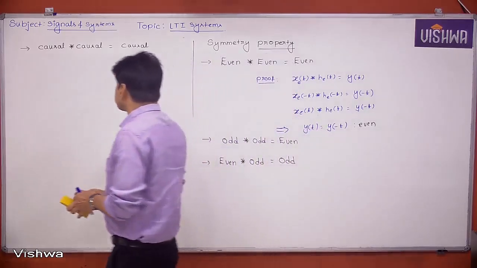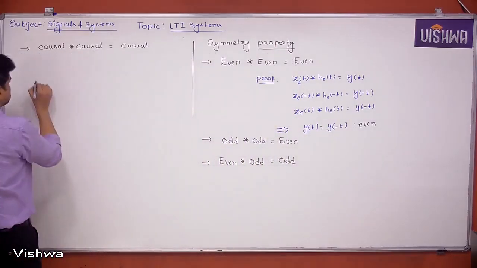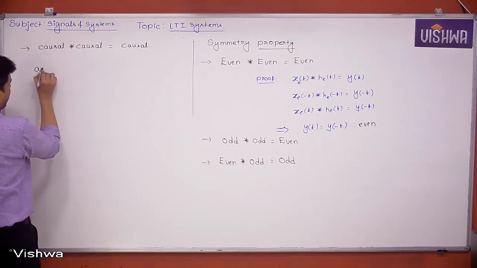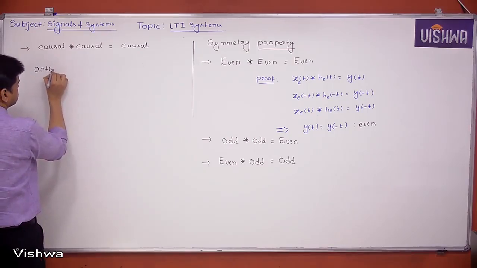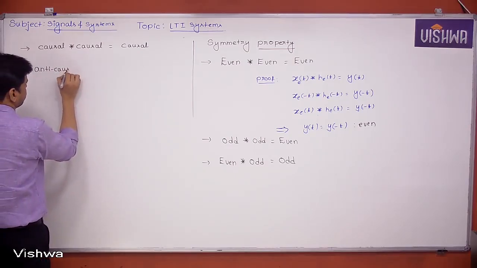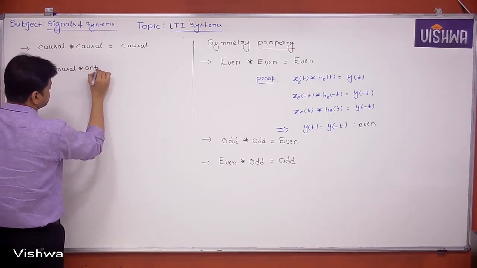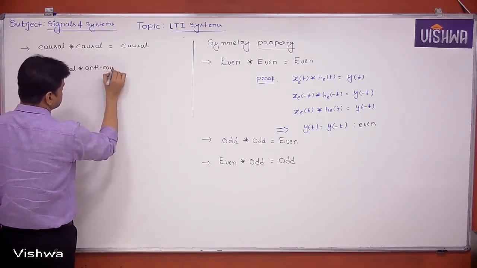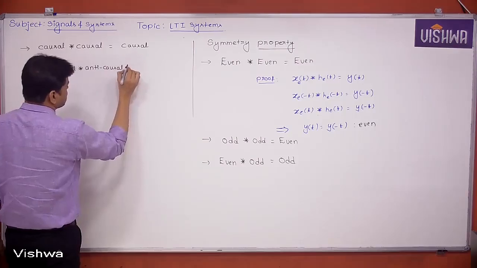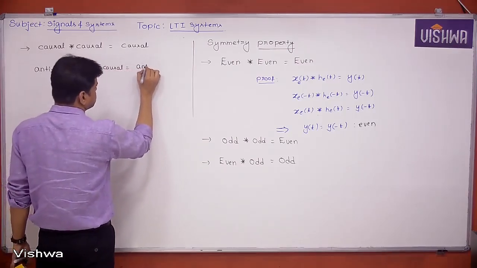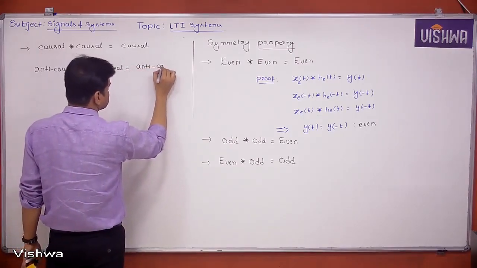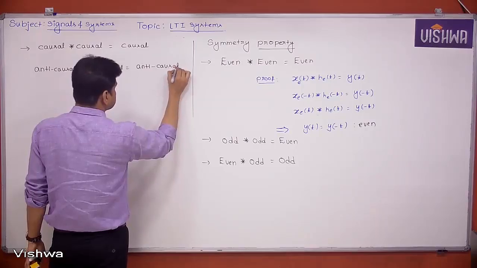In a similar way, suppose you take an anti-causal signal convolved with an anti-causal signal, then the result is again anti-causal. How can we say this? Same kind of explanation.